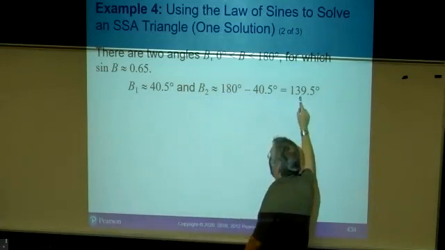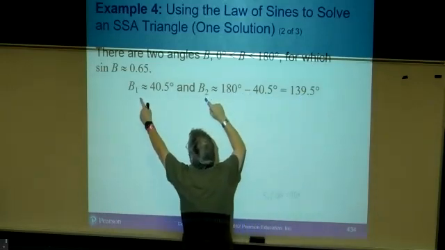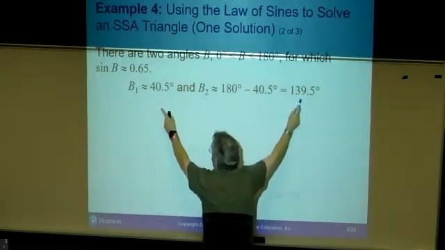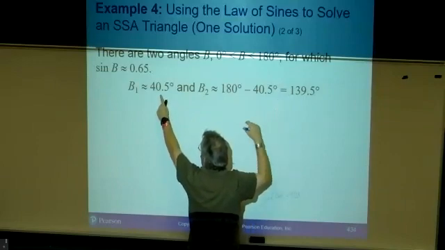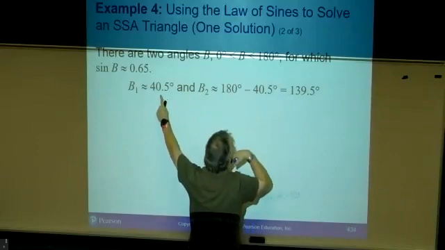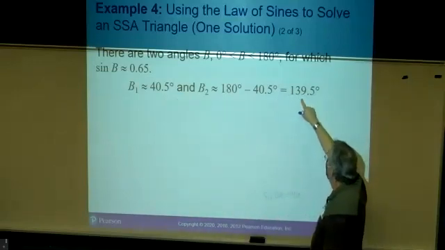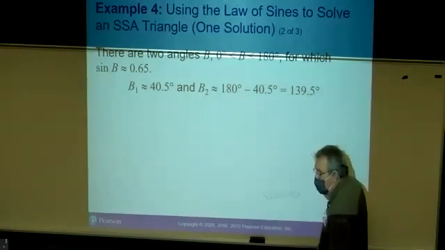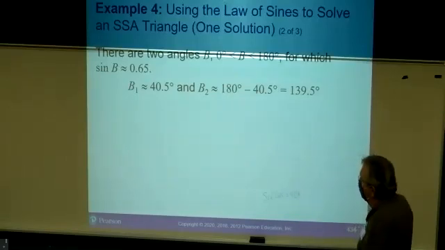So they're doing the subscript to distinguish between the two angles that are B. So B sub 1 is 40.5, and B sub 2 is 139.5, because the sine of those two angles is the same. That's why they do the subtracting from 180.